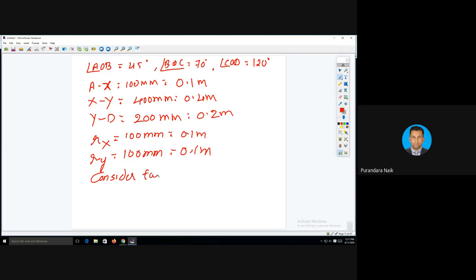We have two unknown masses, the first is Mx, which we need to find out, and the corresponding angle is theta x. The second is My, which is also unknown, we need to find out, and the corresponding angle theta y. This is the question asked in the problem.